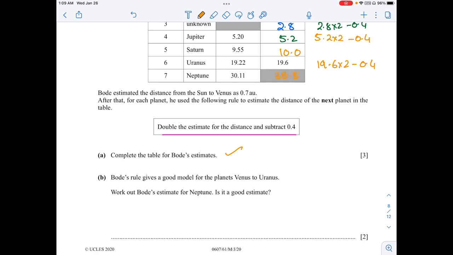Is it a good estimate? Because he estimated 38.8, but the actual distance is 30.1, so it is no. So 19.6 times 2 minus 0.4 is 38.8. So it is not a good estimate.